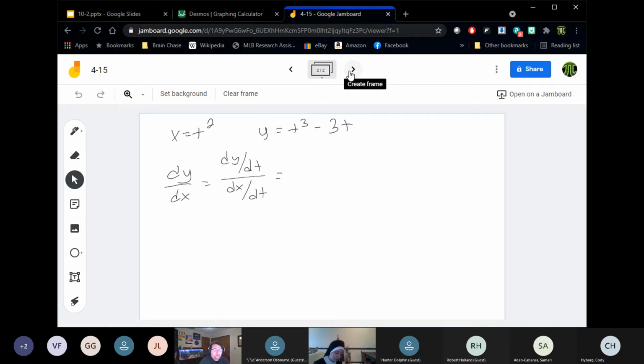So we have to take the derivative of both of them. The derivative of y is 3t squared minus 3, and the derivative of x is 2t.